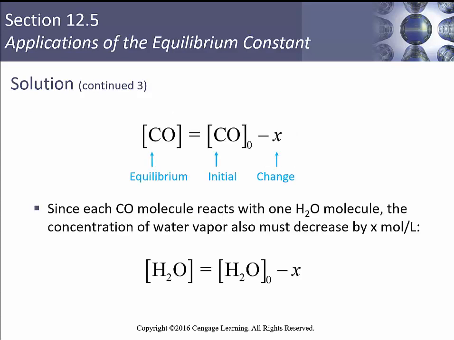So at equilibrium, our concentration of carbon monoxide is equal to our initial minus some small amount X. Since each carbon monoxide molecule reacts with 1 water molecule, the concentration of the water vapor is also going to decrease by X moles per liter. So we have our equilibrium concentration, and that's going to be our initial concentration minus our change. All right? And this X is going to be the same for the CO and for the H2O.